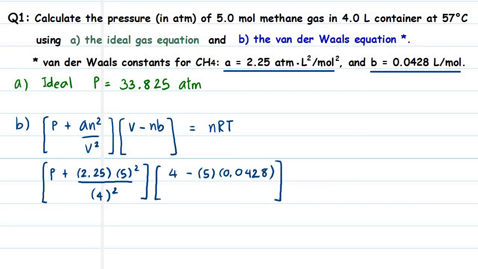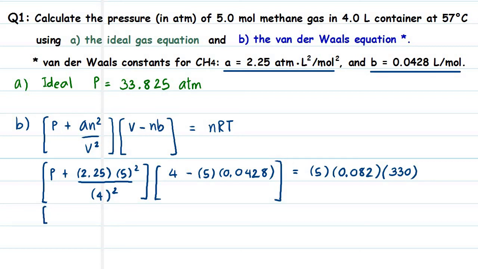Alright, and that's going to be equal to n, which is 5 mole, R, which is 0.082 liter atm per mole Kelvin, and T is 57 plus 273, which is 330 Kelvin.